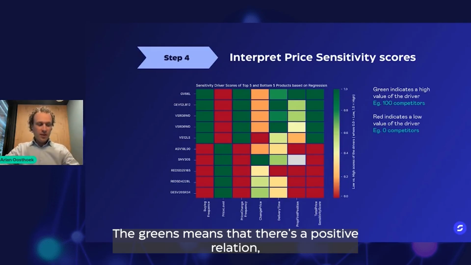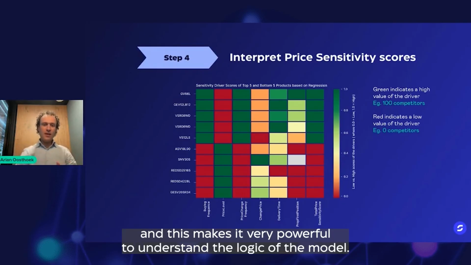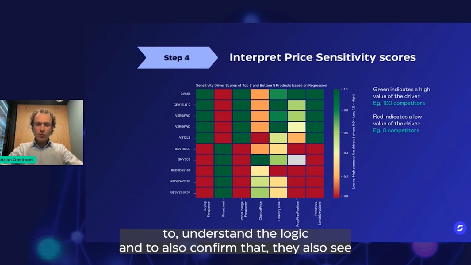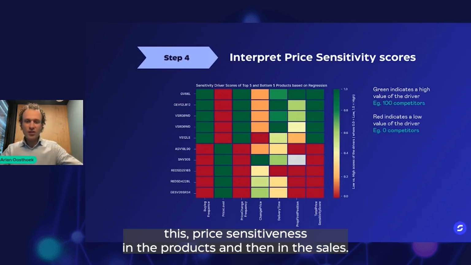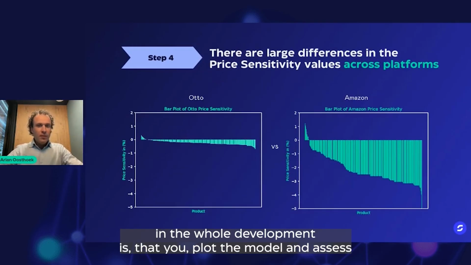The green means that there's a positive relation, and the red means that there's a clear negative relation. And this makes it very powerful to understand the logic of the model, and also to have the confirmation from the company to understand the logic, and to also confirm that they also see this price sensitiveness in the products and in the sales.